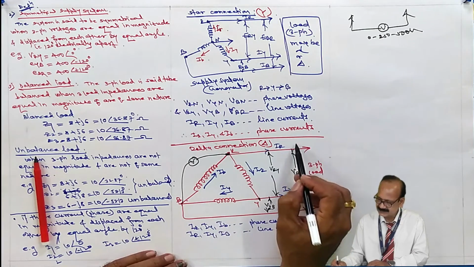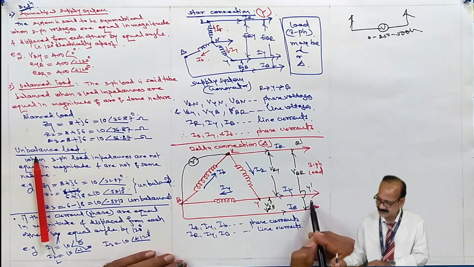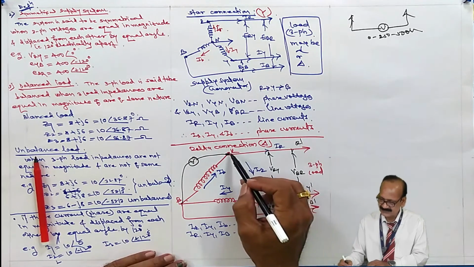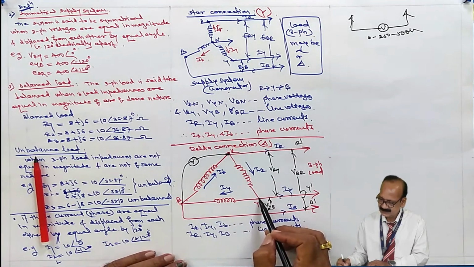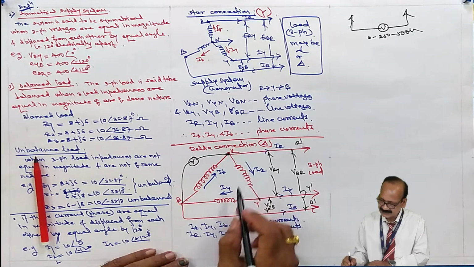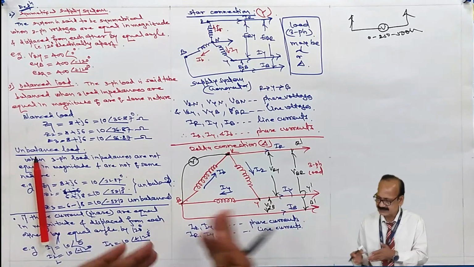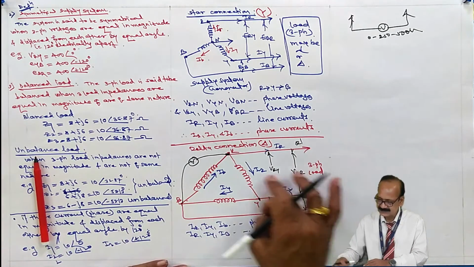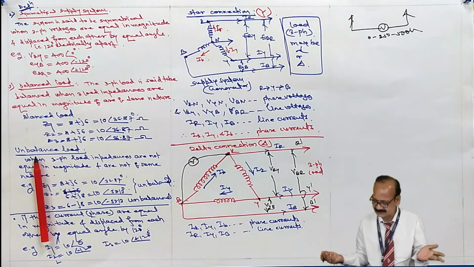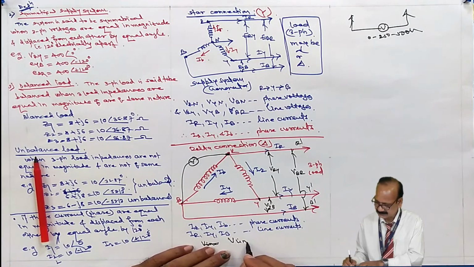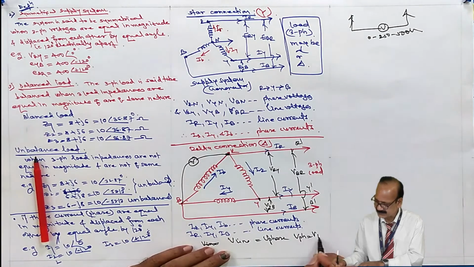If you connect the voltmeter between, say, R dash, Y dash and B dash, the same voltage will be available across R and Y. So VRY, VYB and VBR are both phase voltages and line voltages. They can be denoted by some other nomenclature also, but in delta connection, the line voltage equals the phase voltage. That is, phi PH equals phi L.